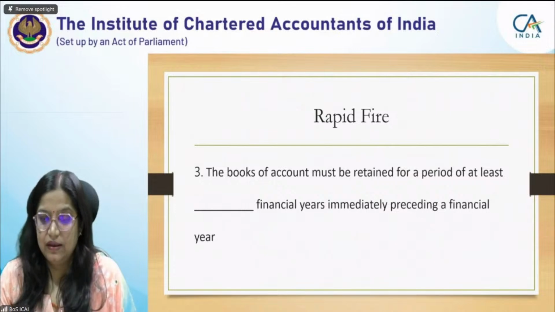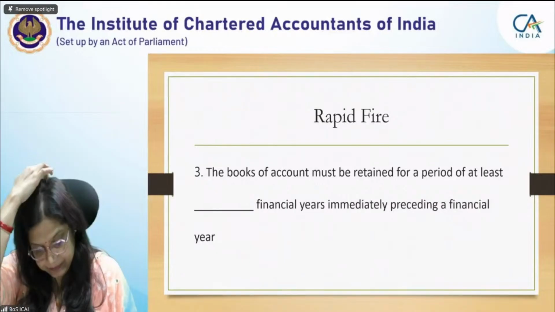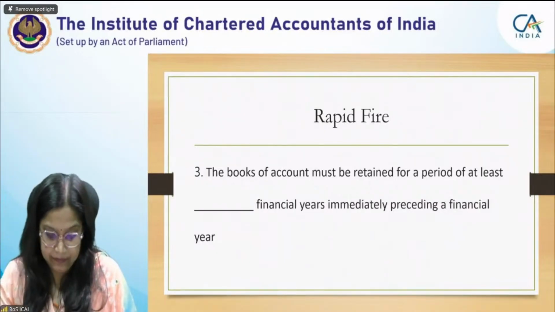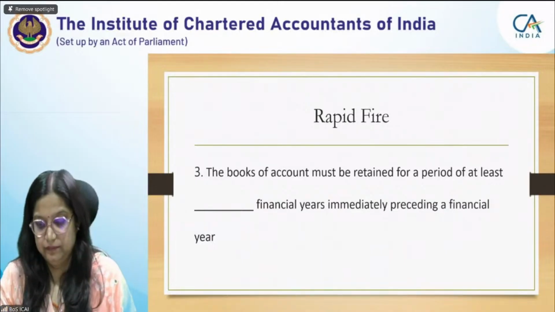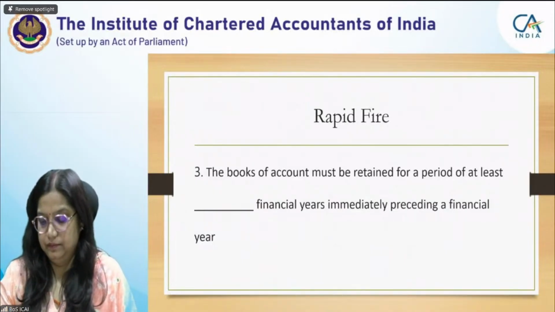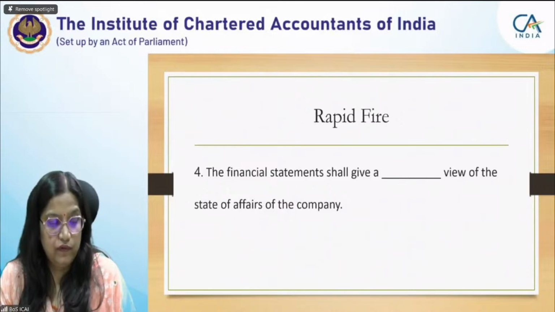Next, the books of account must be retained for a period of at least dash financial years immediately preceding the financial year. Next, the financial statement shall give a dash view of the state of affairs of the company.